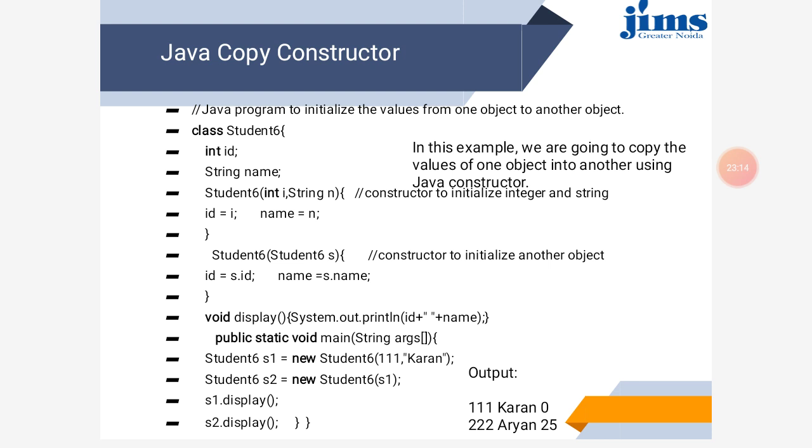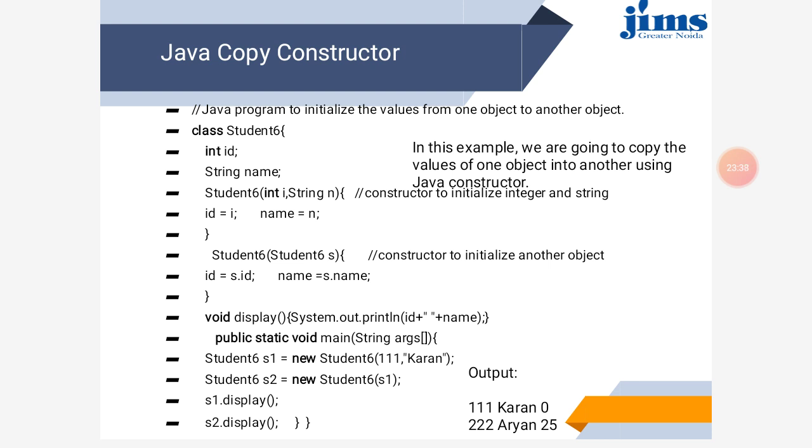There's one class, say Student6, and it has two variables, say ID and name. And there is one constructor with the same name, and this constructor is a parameterized constructor, and it is initializing two variables. One is ID and second one is name.